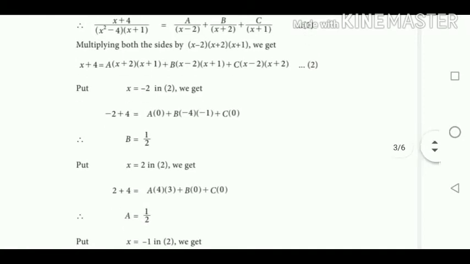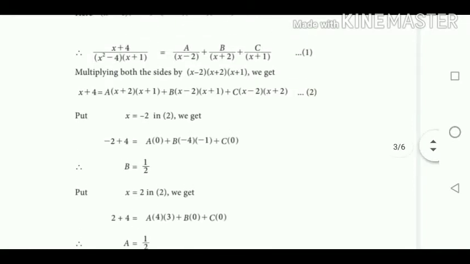Write the values on both sides, that is, you have to put x equal to minus 2. On the left hand side it is x plus 4, so with x equal to minus 2, minus 2 plus 4 you are getting plus 2. On the right hand side you are getting b into minus 4 into minus 1, you are getting 4b. 4b equals 2, therefore b equals 1 by 2.